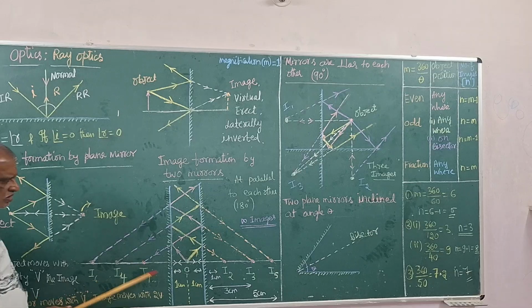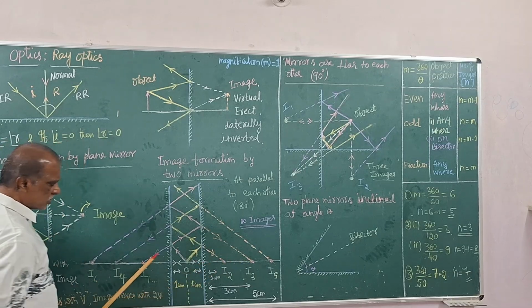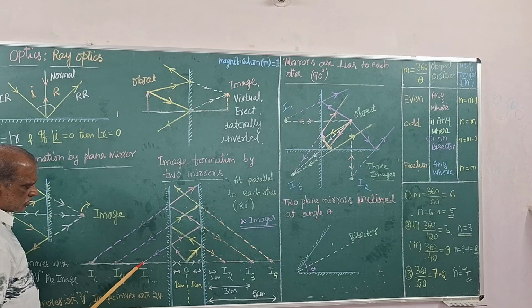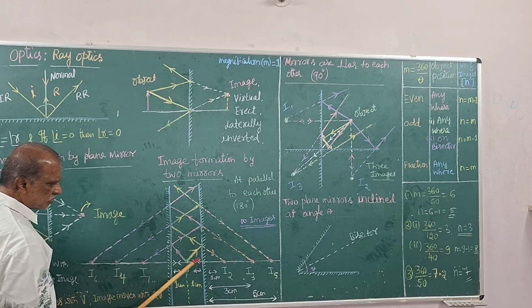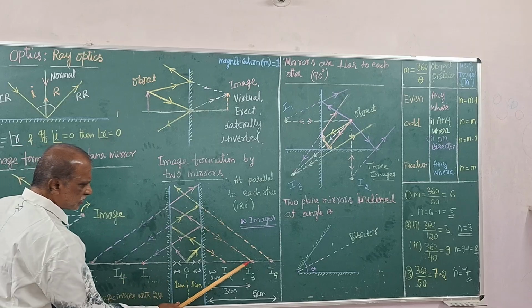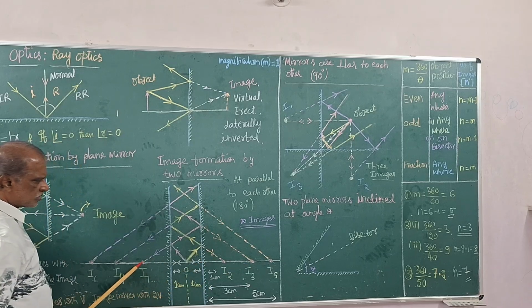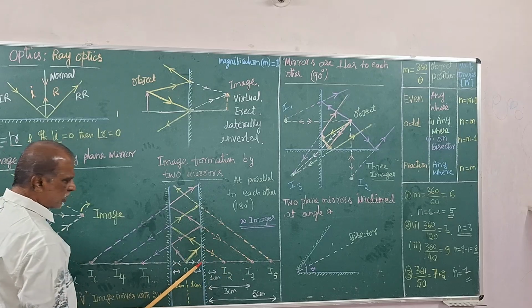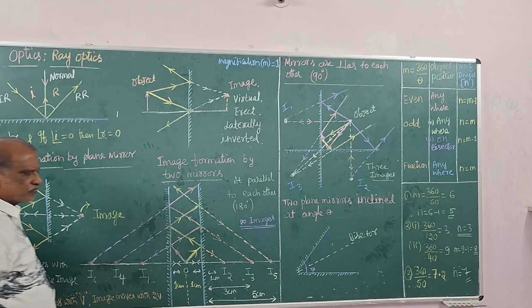Similarly, this produces an image at a distance of 3 centimeter from this. So this image produces an image at a distance of 3 centimeter on the other side. Mirror, object, image: from here to here 3 centimeter, from here to here 3 centimeter.